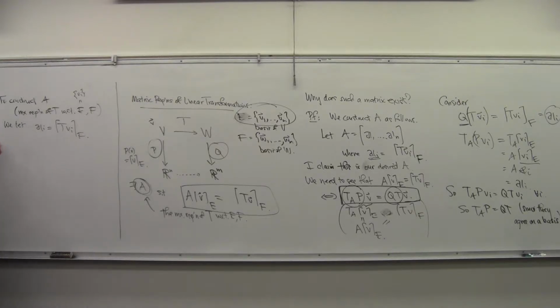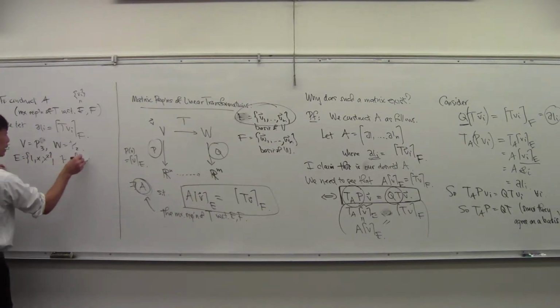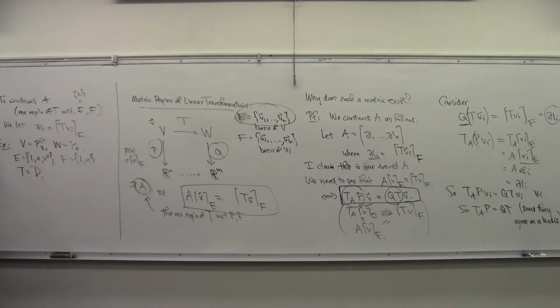Okay, so let's go back to the example that we had the other day, where V was P3, and W was P2, right? And we had basis 1, x, x squared and basis 1, x, and T was the differentiation operator.